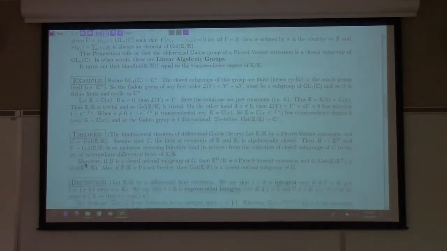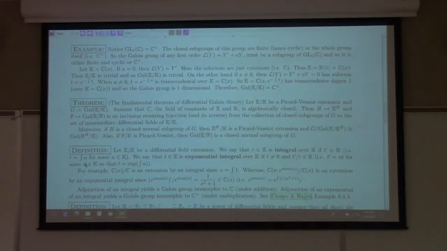Here are some examples of these things. And this is the fundamental theorem of differential Galois theory. If we have a Picard-Vessiot extension, then let G be the Galois group of E over K, and assume that C, the field of constants, is algebraically closed. Then E upper H is the fixed differential subfield of H, I would guess.